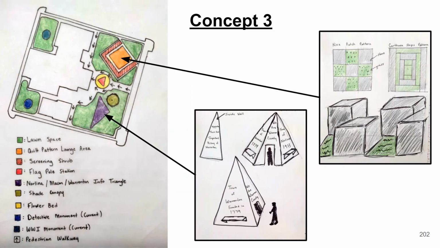That was to create an opportunity for people to come and gather, but also incorporate the quilting patterns into the design. Another thing that I did was this triangle, which was supposed to be a marble triangle to inform visitors of the major towns in the county, which are Norlina, Macon, and Warrenton, where the courthouse resides.